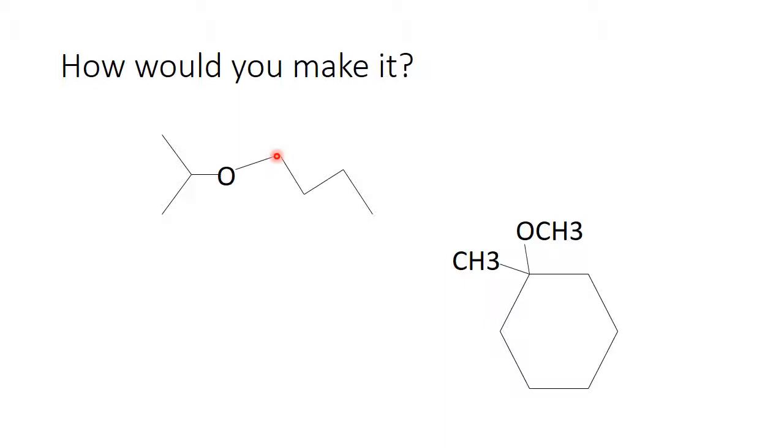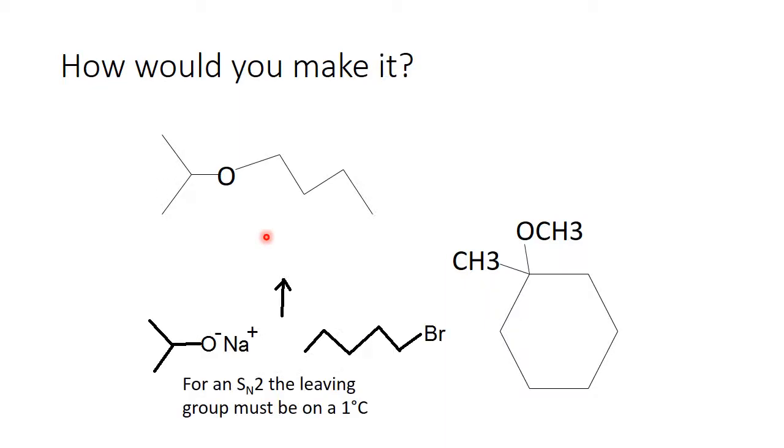Because you must have a primary alkyl halide to do a Williamson ether synthesis, we must make this carbon into our alkyl halide, and this will be our alkoxide over here. So, for the SN2 to work properly, we have to use this alkoxide on the secondary carbon and this alkyl halide on the primary carbon.